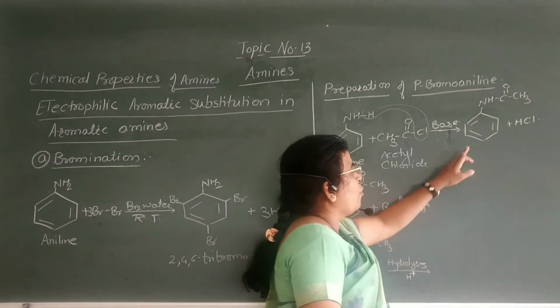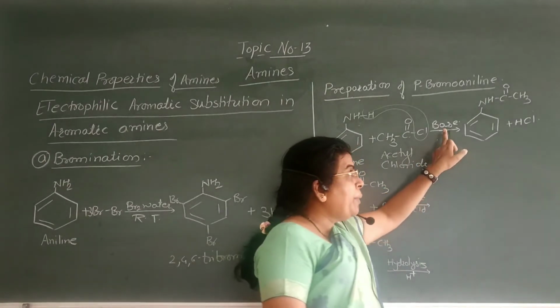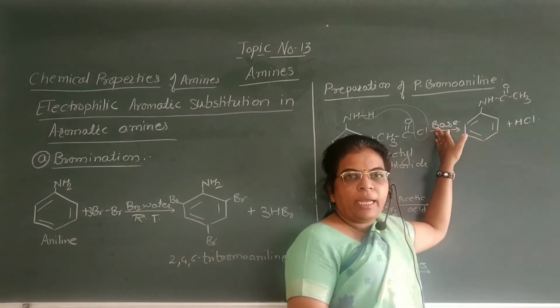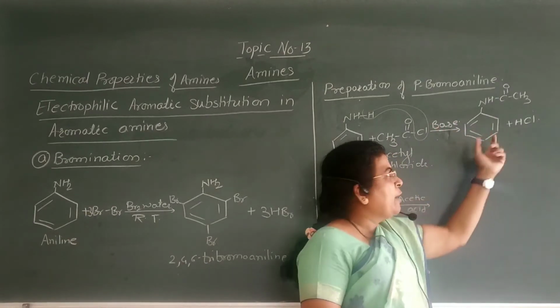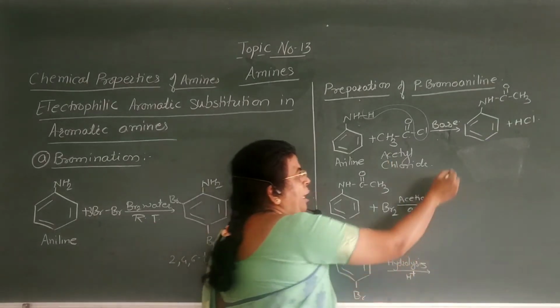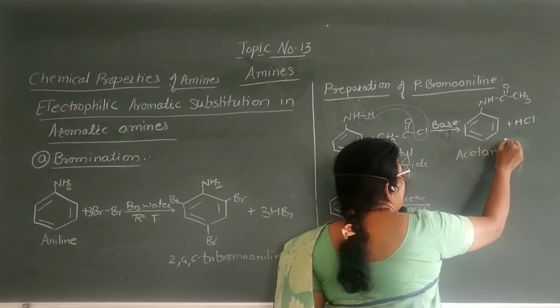This compound is formed. This reaction is carried out in the presence of a base like pyridine. If a base is not used, then the reaction is reversible. The base neutralizes the HCl and we get only this product. The name of this product is acetanilide.